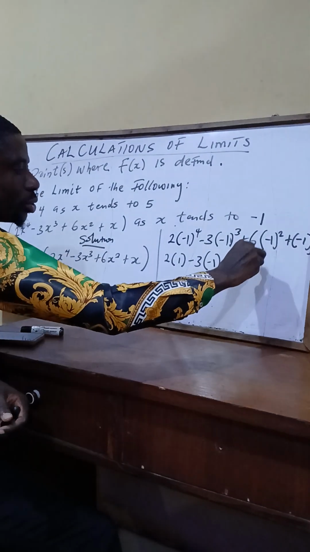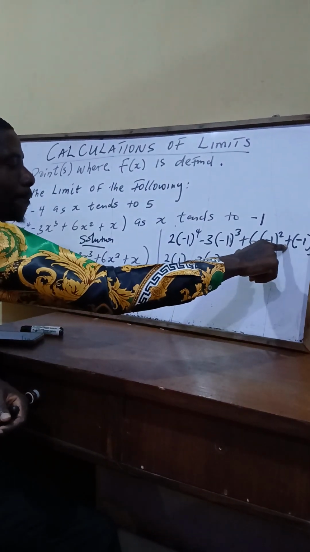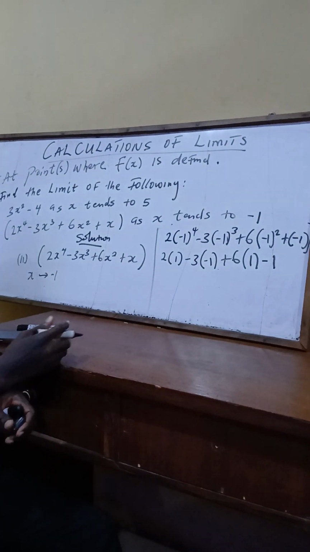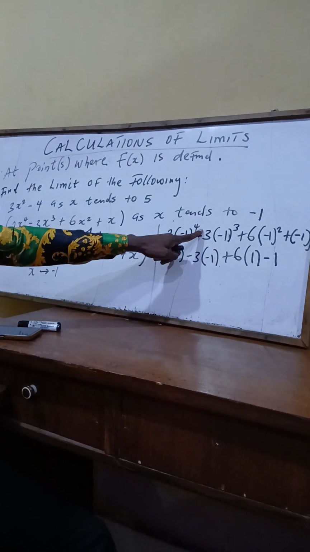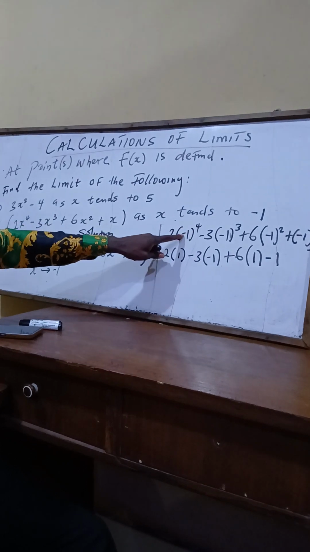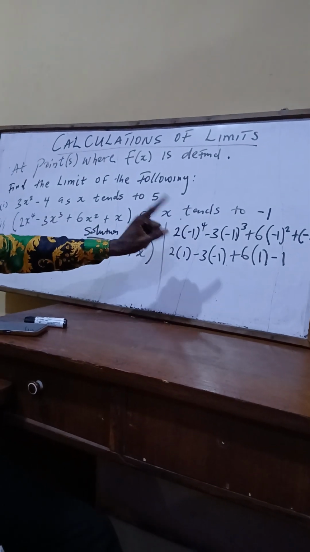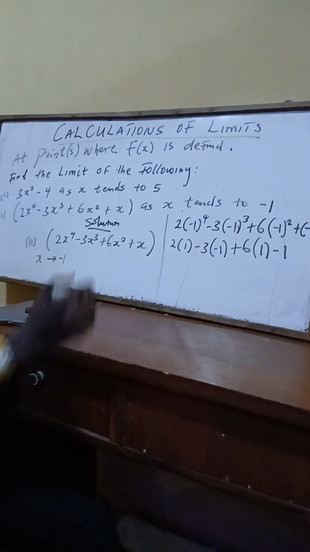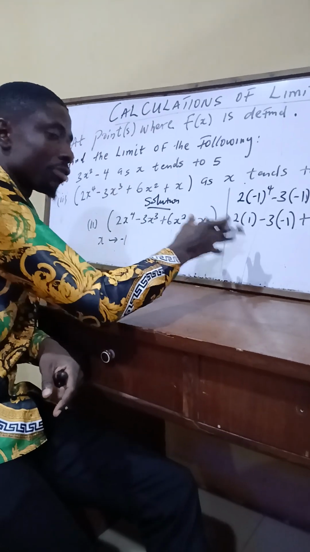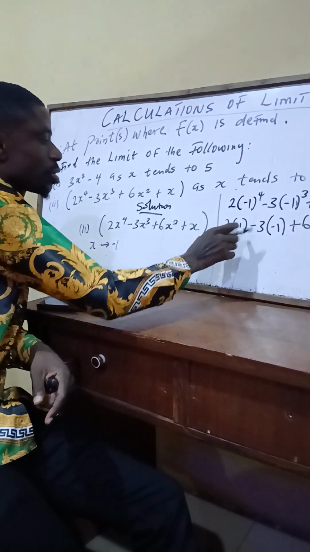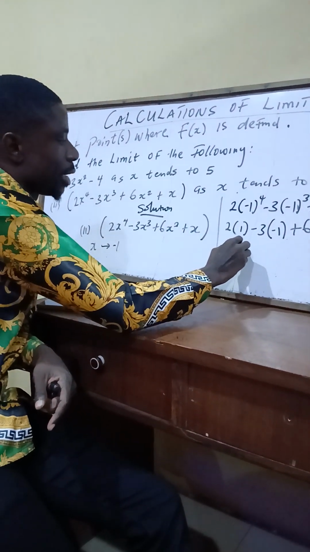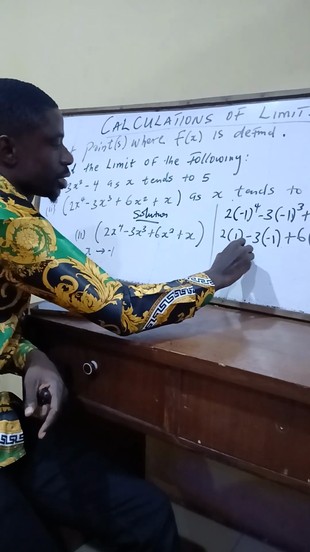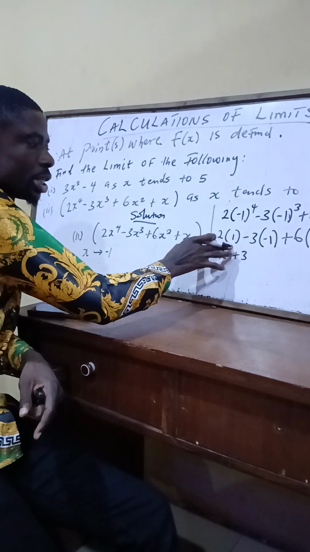Remember, raised to power 4 means you multiply minus 1 by itself 4 times, which will give us positive 1. Then here we have 2 times 1, which gives us 2. Minus times minus will give us plus 3. Then you are done with this part.